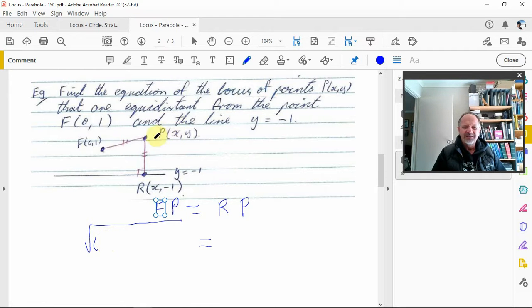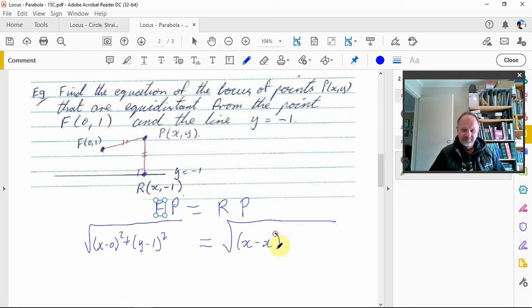So x minus 0, squared, plus y minus 1, squared, equals the square root of x minus x, squared, plus y minus -1, so y plus 1, squared.